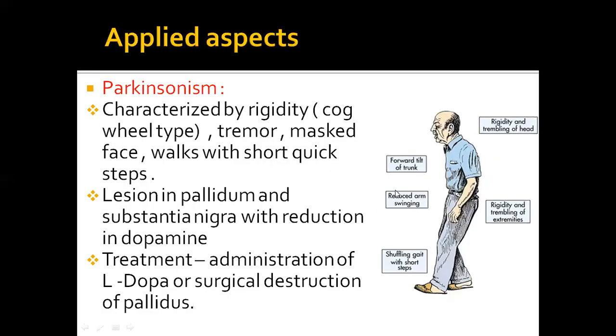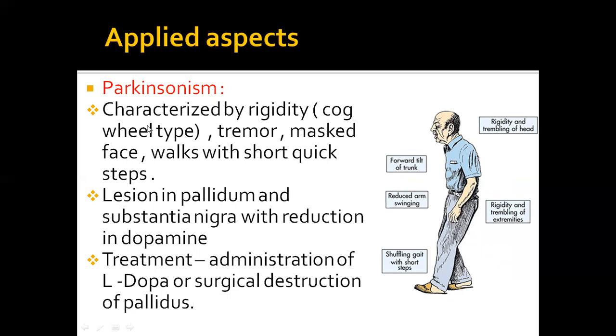Coming to the applied aspects of the basal ganglia, if there is damage to the basal ganglia due to blockage of blood vessels, it leads to a clinical condition called Parkinsonism, where you see rigidity of the muscles and trembling of the head, rigidity and trembling of extremities, forward tilt of the trunk, reduced arm swinging, and shuffling gait with short steps.